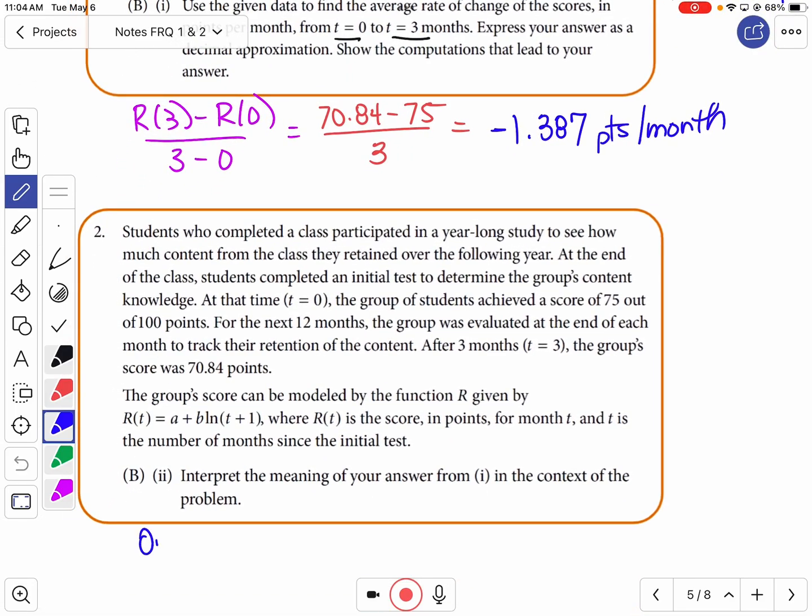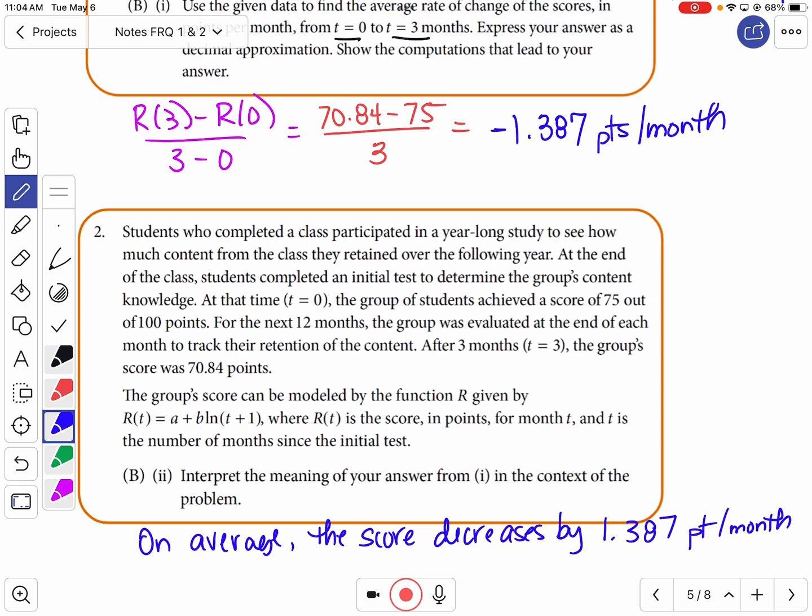It means that on average, the score decreases, because it's negative, by 1.387 points per month. Notice that I didn't put decreases by negative. That would be like a double negative in a sentence. We wouldn't want to say that.